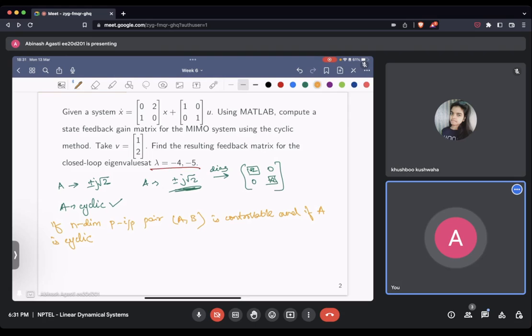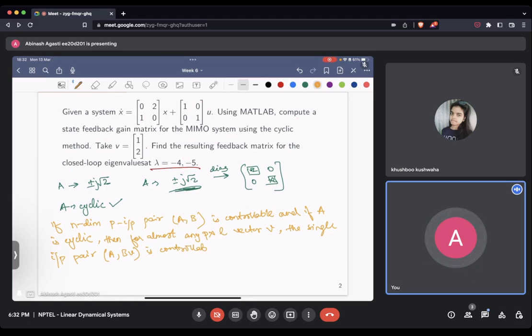A, B pair is controllable and A is cyclic. Then for almost any p cross 1 vector V, the single input pair A, BV is controllable.